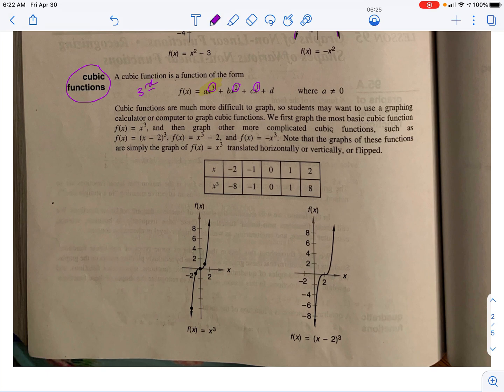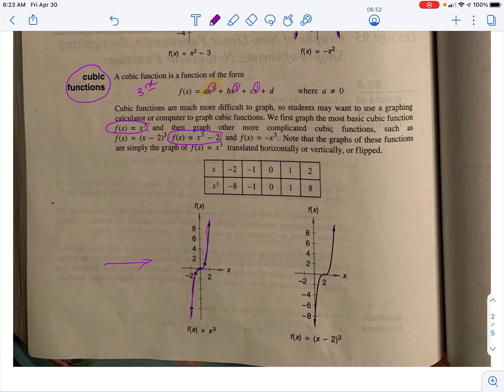Okay, cubic functions. So what do they look like? If I used any one of these equations and set up a table and found out what my results were, it's going to graph a graph that looks like this. Now notice a cubic function, a third degree function, has 3 movements. In this case, it's going up, taking a turn, and going back up. 3 movements.